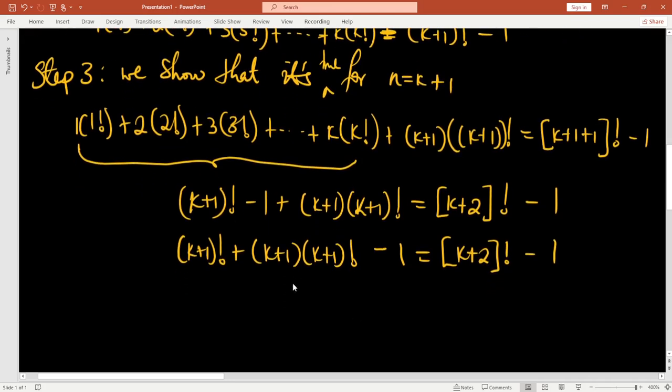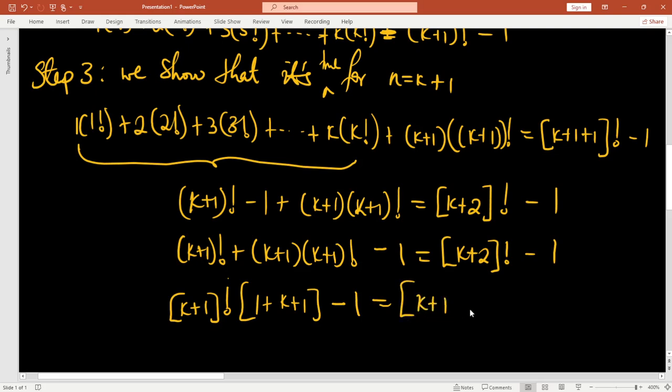Alright, now when you look at these first two terms on the left hand side here, you'll notice that we have k plus 1 factorial and k plus 1 factorial that is common there. So we can just factor it out. We're going to have k plus 1 factorial, open brackets, here we're left with 1 plus, then this side we're just left with k plus 1 like this here, minus 1 equal to k plus 2 factorial minus 1 like this here.